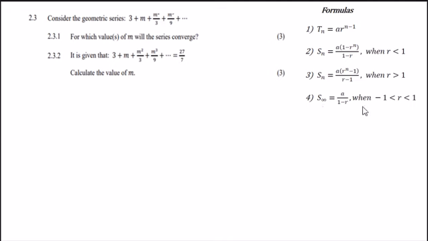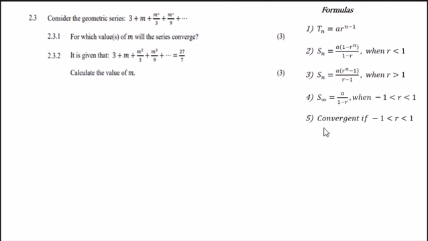So we use this formula if we want to find the sum to infinity. It applies when r is between -1 and 1, meaning our r is a proper fraction. What is a proper fraction? A proper fraction is a fraction where the denominator is greater than the numerator.